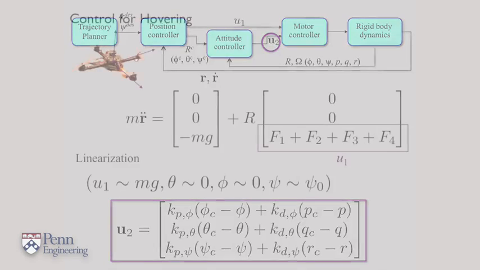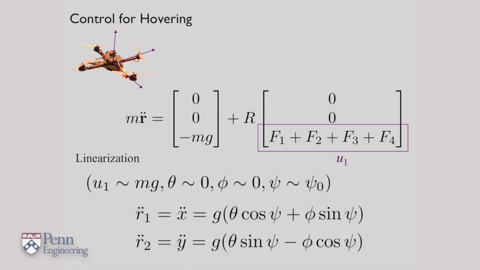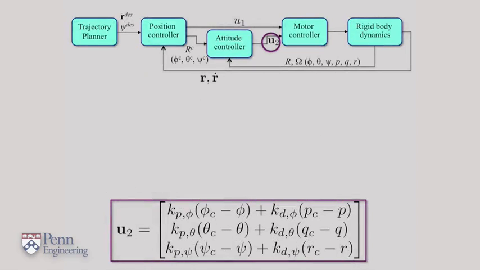Let's turn our attention to the outer feedback loop. If you look at the position equations of motion and you linearize them, you'll find that the expressions for the first two components of acceleration can be written in the form shown below. Using these linearized equations of motion, we now turn our attention to the error equation that describes the error in position.